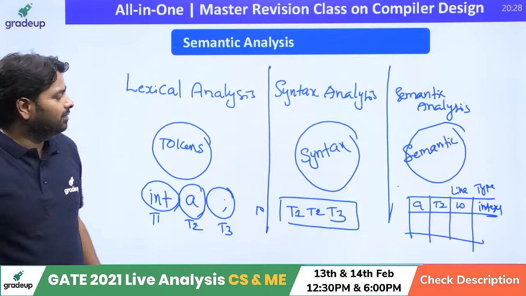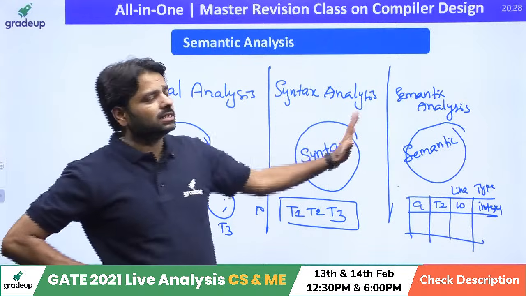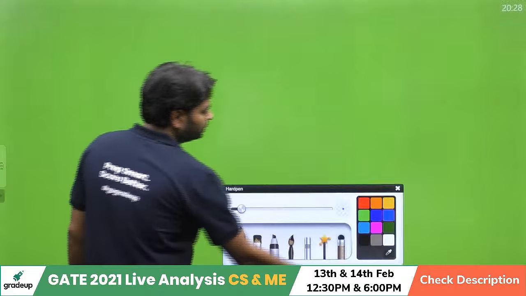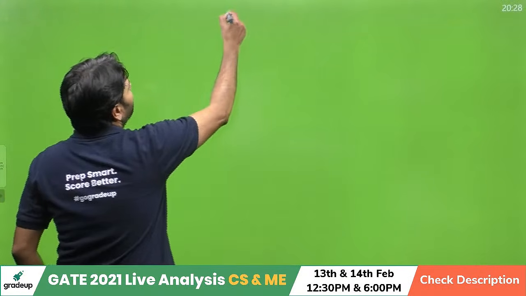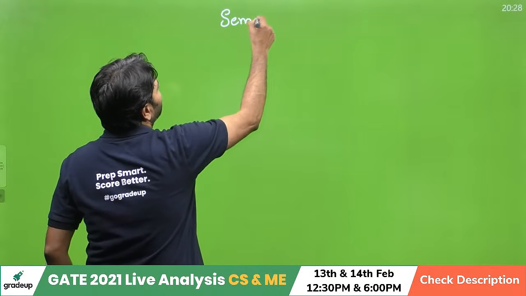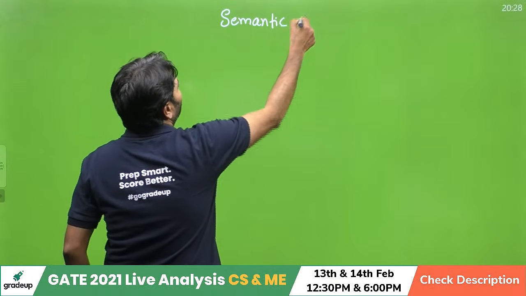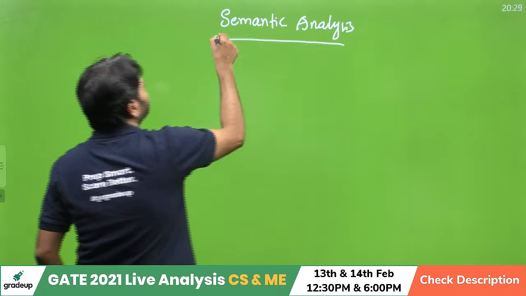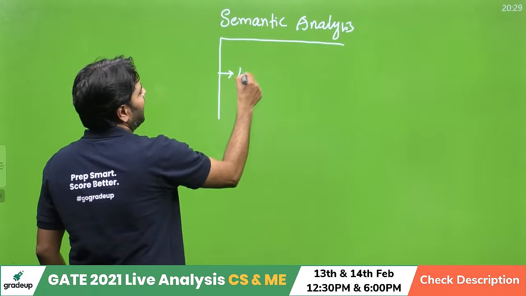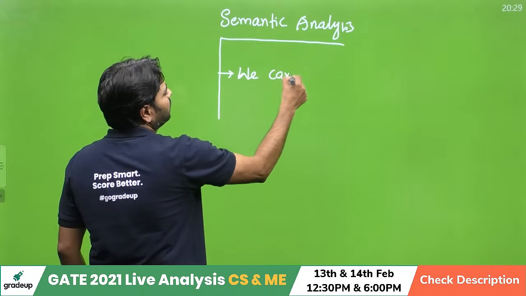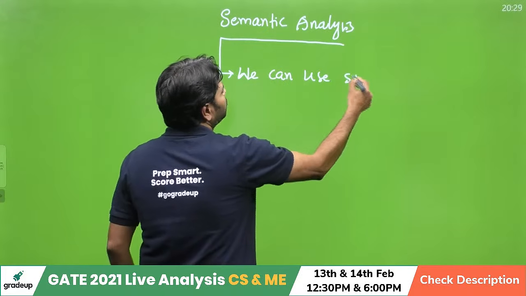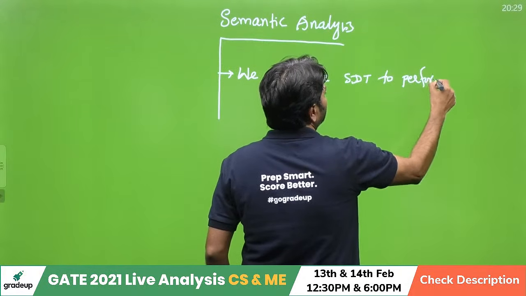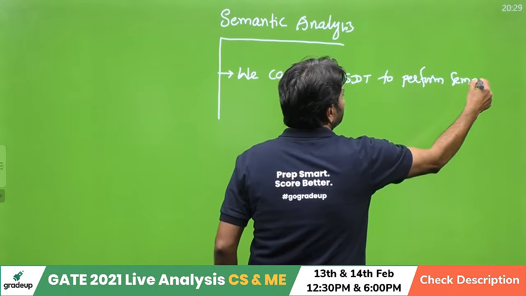All right, everybody. What is semantic analysis? Let me help you with what we are going to do. In semantic analysis, there are so many things. We can use SDT, of course not compulsory, to perform semantic analysis.